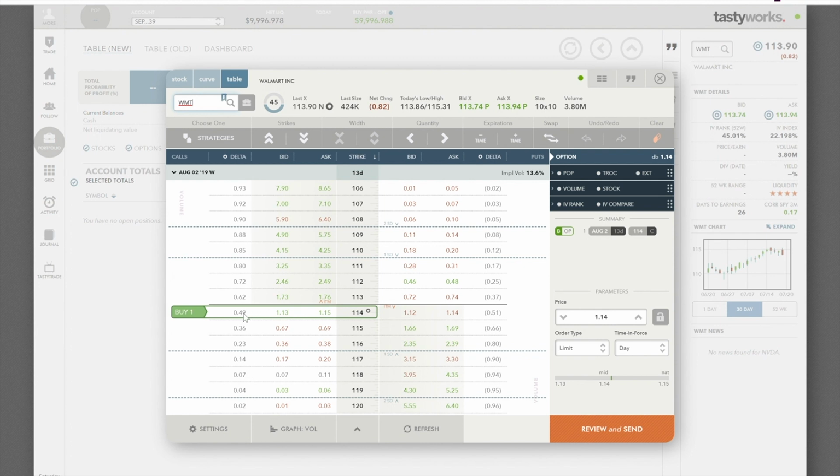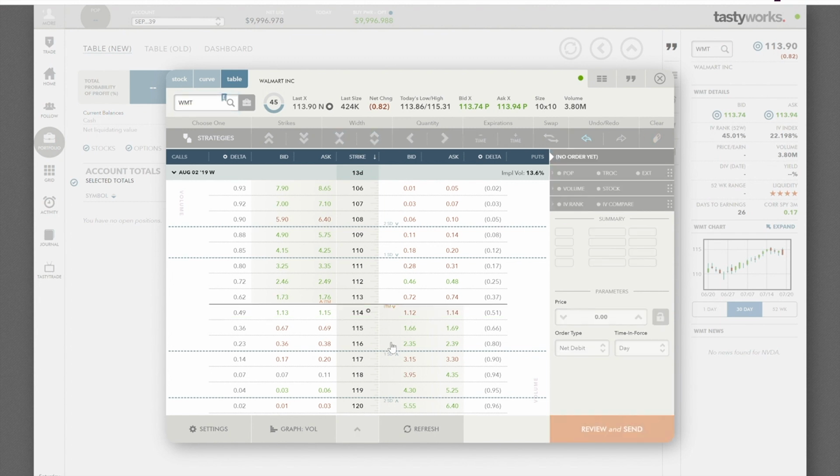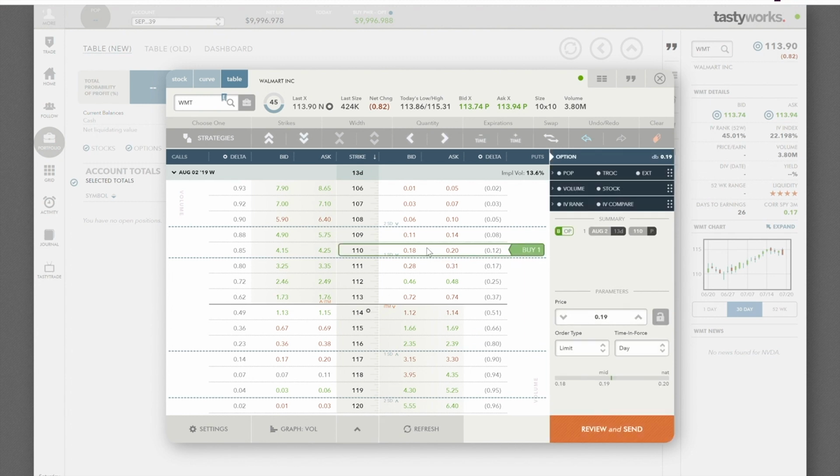So this works as well for the puts. It's the same thing. The difference here is, let's say you bought the 110 puts. In this case, these are well out of the money still, so they cost a lot less. However, the delta is lower too, but it's a much higher percentage of the purchase price.